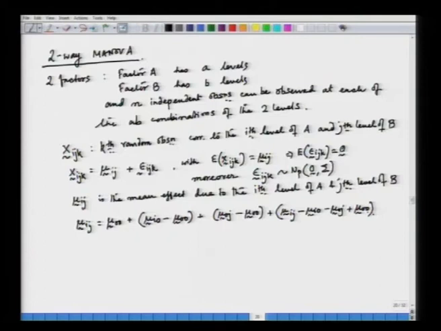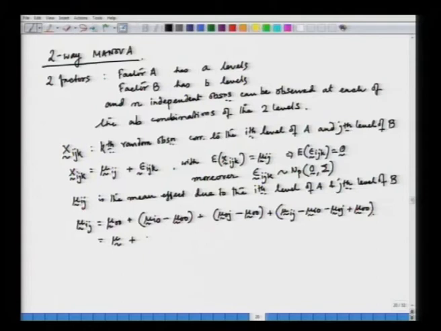I use some special notations for this. Mu naught naught is replaced by the usual mu as in the one-way MANOVA case, the overall or the grand mean effect. Now, there we had only mu i minus mu, which was the tau i.